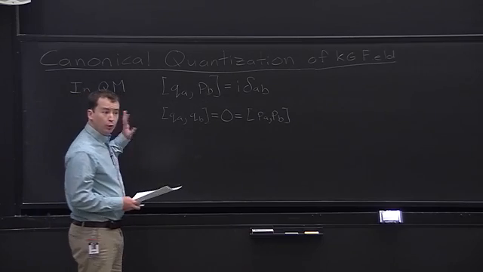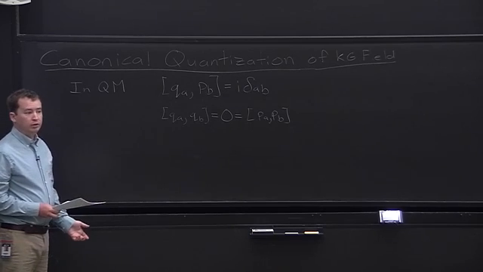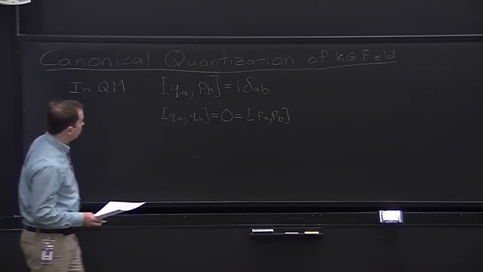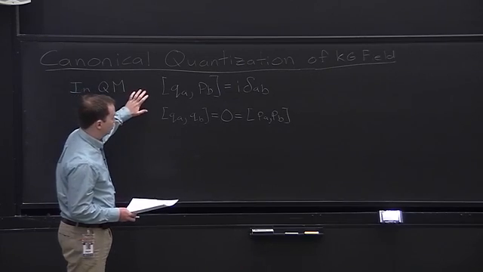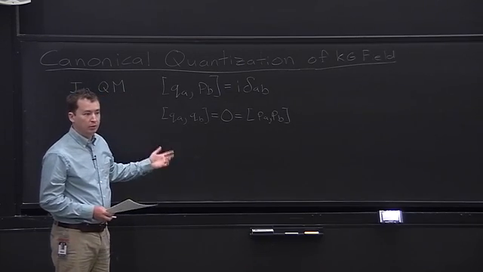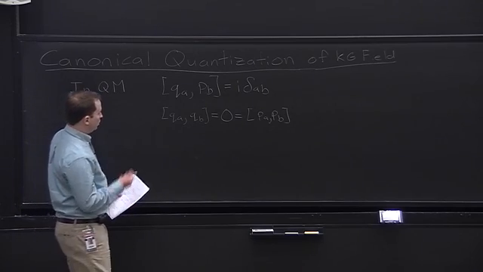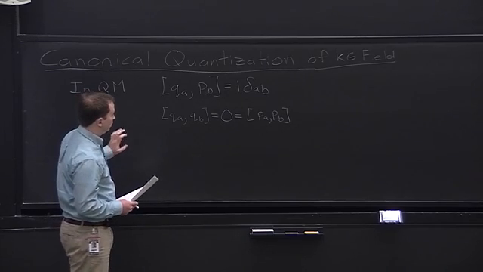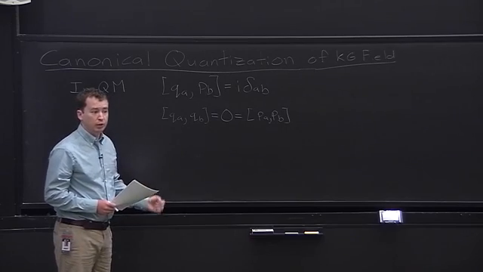And both routes are possible. Promoting time to an operator turns out to be much more complicated in practice. For those of you who take the string theory course later in the year, you'll see string theory is developed along those lines, essentially promoting time to an operator. We're going to take the opposite approach because it's simpler, and we're going to demote position to a label.